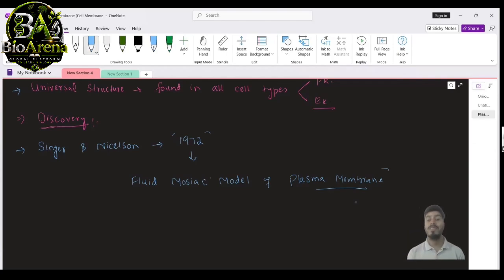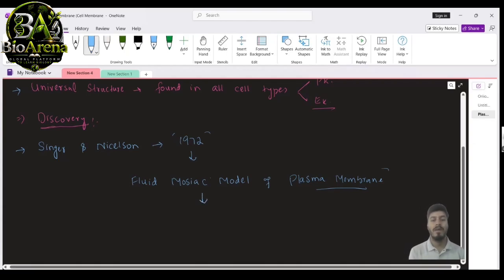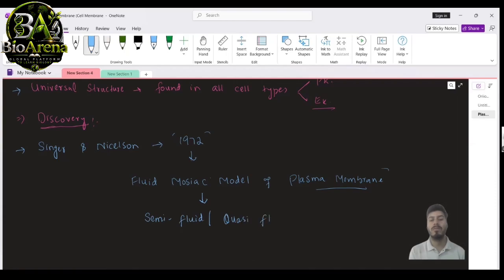The lipids are quasi-fluid in nature, and the proteins that are present perform lateral movements.